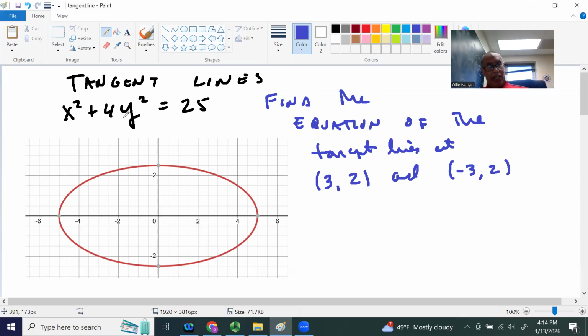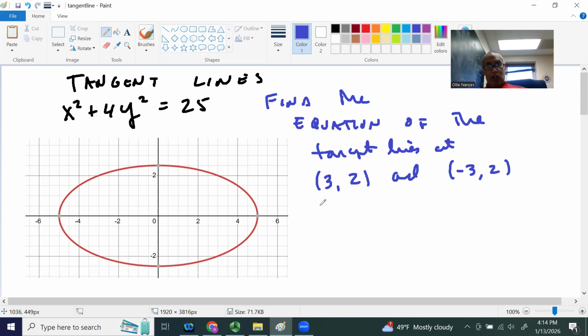You can check that these, in fact, satisfy the equation. For example, 3 squared plus 4 times 4 is 9 plus 16 is 25, and this also works. So let's get to it.